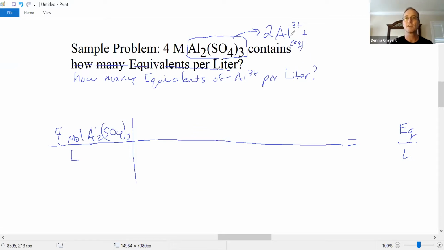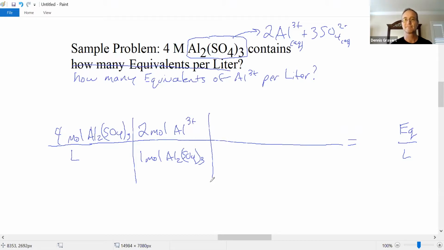And then the sulfate, you get 3 of those. For this problem, we don't care about the sulfate. We're going to ignore that. But for every 1 mole of aluminum sulfate molecules, out of this big molecule will come out 2 moles of aluminum ions.